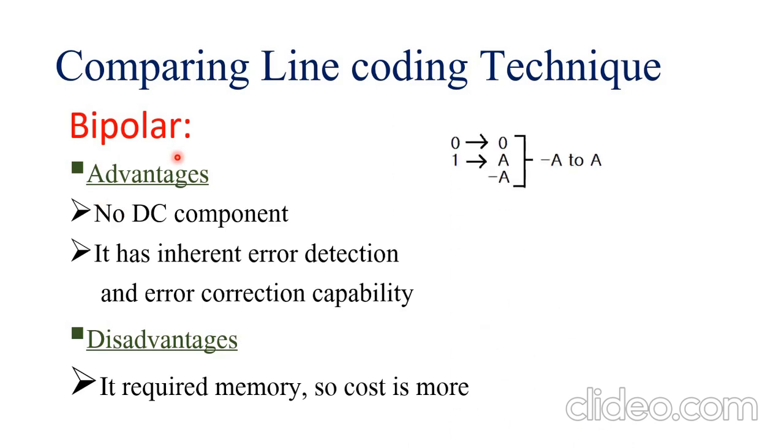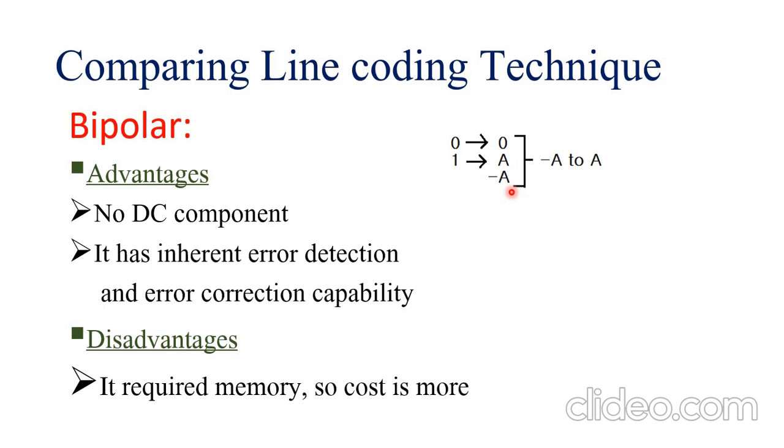In bipolar, 0 is forwarded with 0 voltage, and 1 will be forwarded by plus A, and next time it will be minus A voltage. So when the bit is 0, it will be 0 voltage, and when the bit is 1, it will be plus A, and for the next one, it will be minus A voltage.